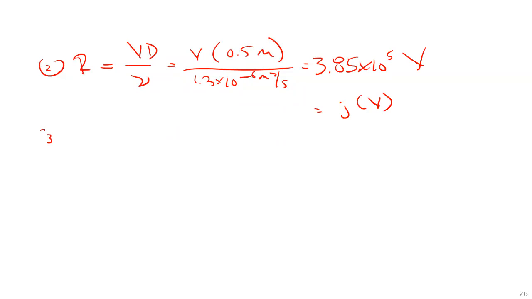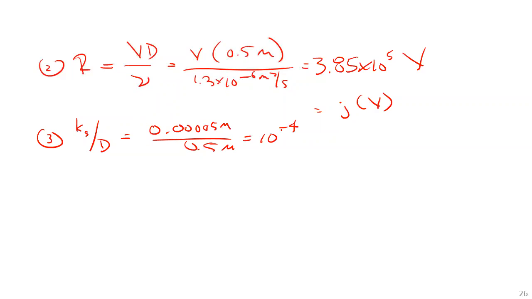The third thing was to calculate relative roughness, which we've already done 3 other times today. 0.0405 meter over a diameter of 0.5 meter is 10 to the minus 4. 0.0001. Okay. So first step, let f equal 0.02.